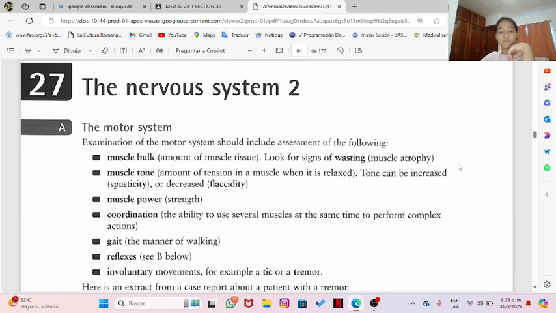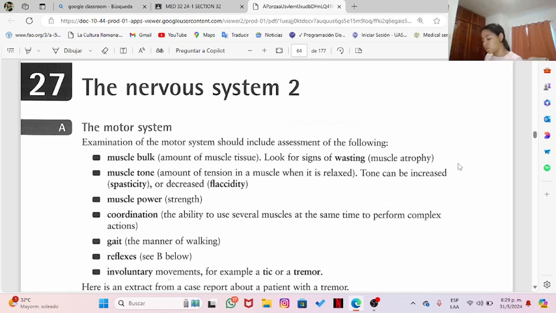Okay, this part. The nervous system, part 2. The motor system. Examination of the motor system should include assessment of the following: muscle bulk, amount of muscle tissue.